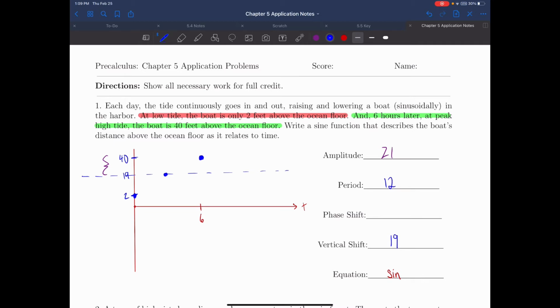So if from the low to the high is 6, then there would be a point here at 9, and that would make this one 3. This is 0 on the graph, and then we would have another point back here. Continue this red line, and that point would be at -3.